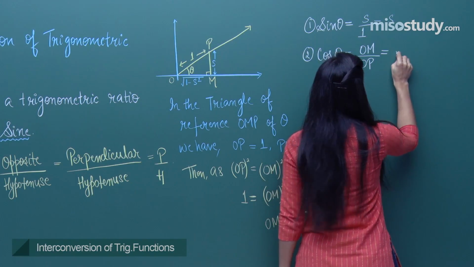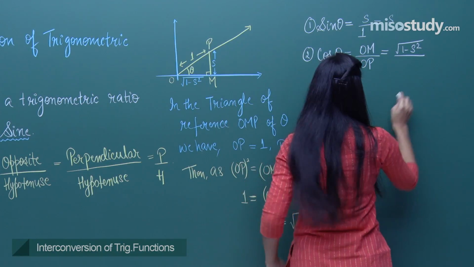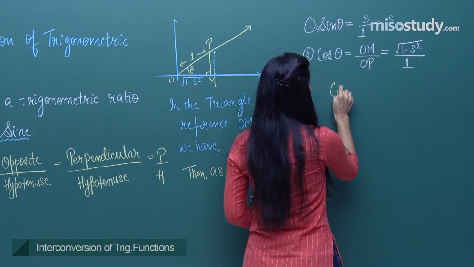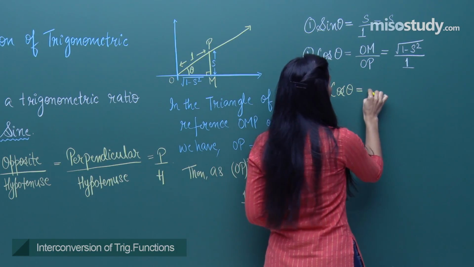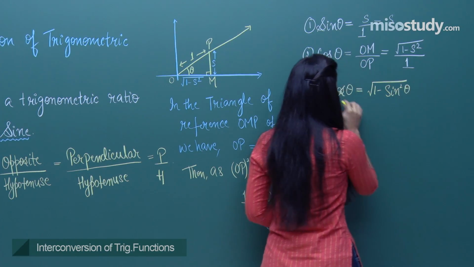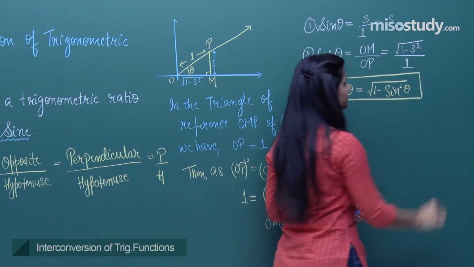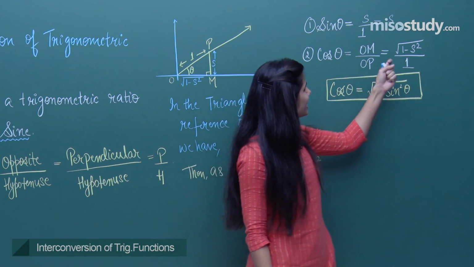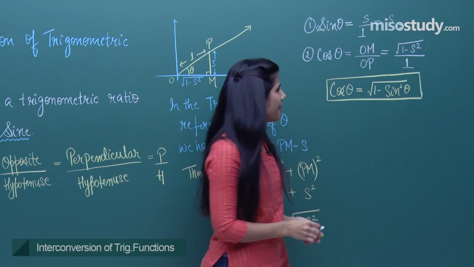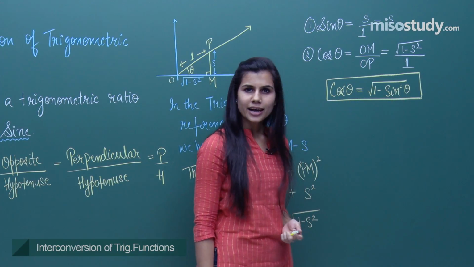So you get under root 1 minus S square upon OP has length 1. Thereby you get that your cos theta is equal to under root 1 minus sine square theta. Right? Because S is nothing but sine. So S square is nothing but sine square. And thus you have expressed cos in terms of sine.